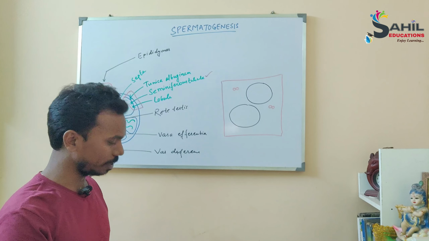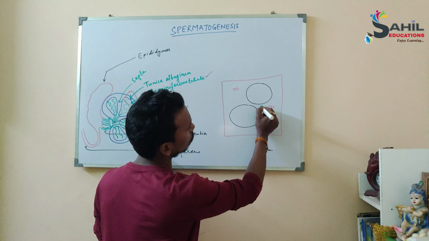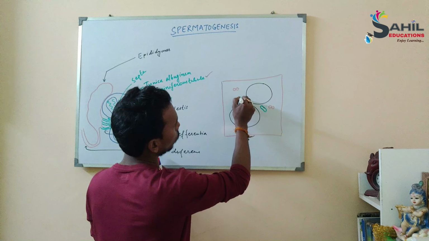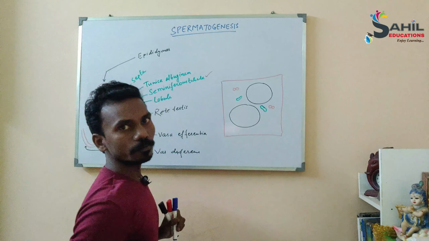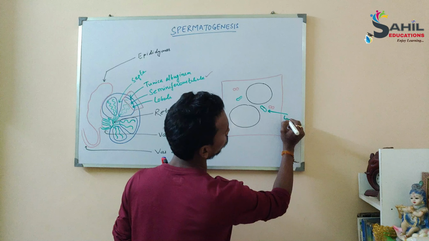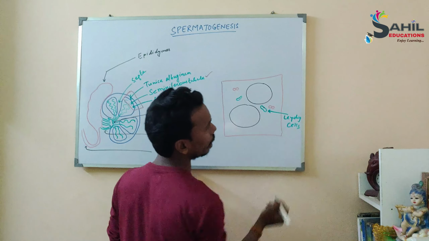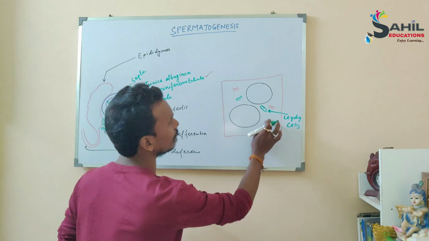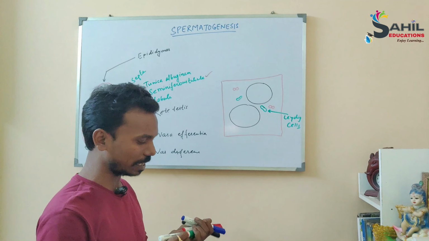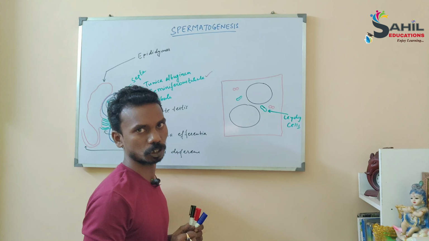And apart from these blood vessels, you can see another kind of cell, which is known as Leydig cells. The Leydig cell is present in the interstitium. Interstitium is basically the region present outside this seminiferous tubule.